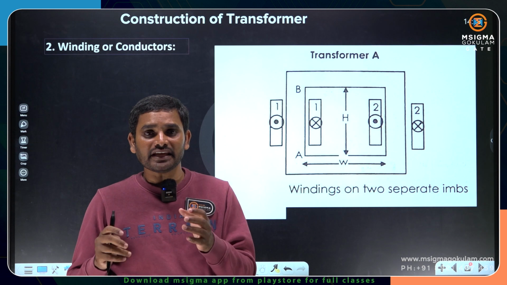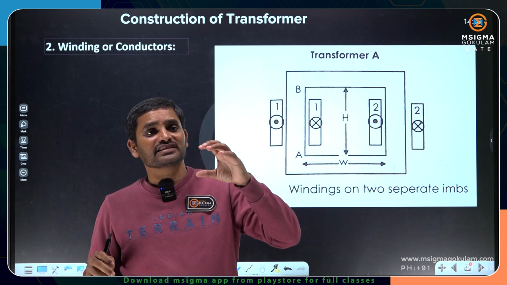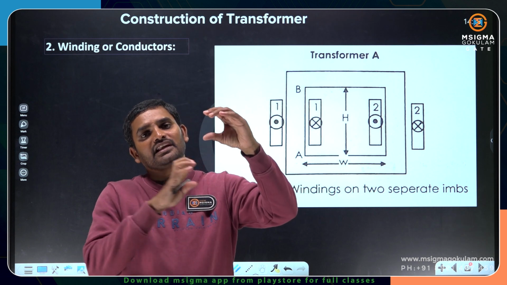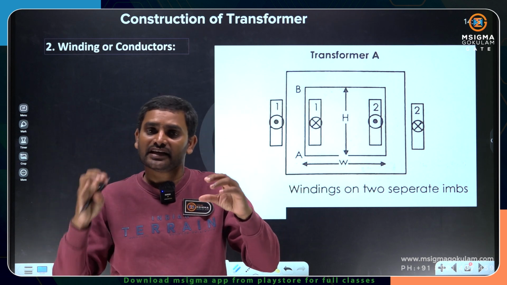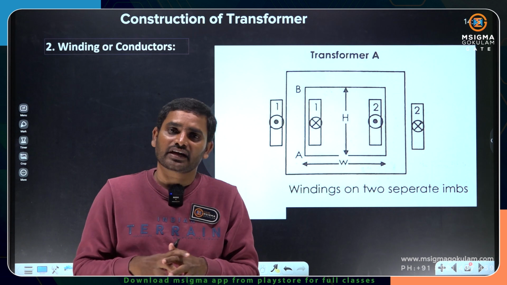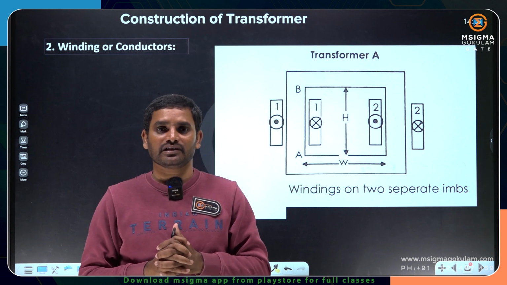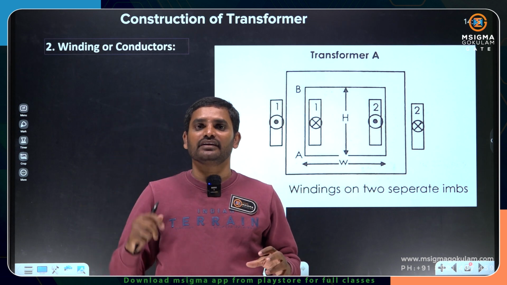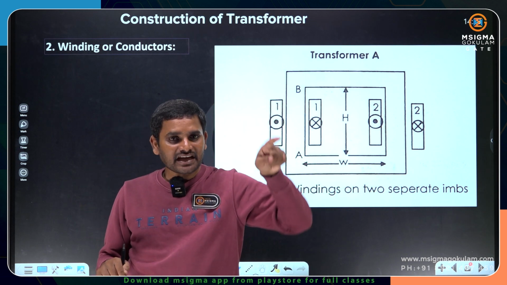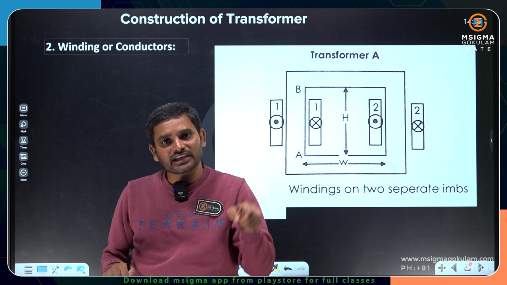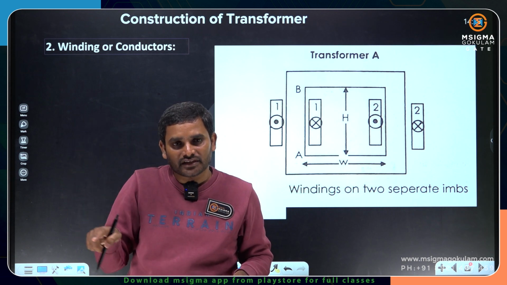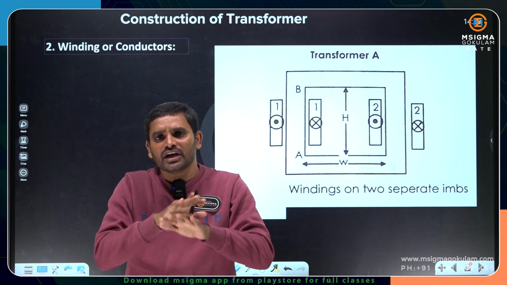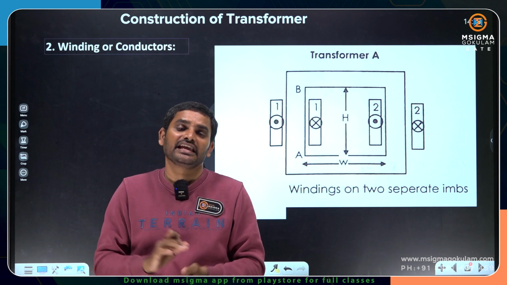You should not place only one winding on the leg. You should place high voltage winding, low voltage winding, high voltage winding and low voltage winding. Even in the core type magnetic path, you have to place half HV, half LV, half HV, half LV. Therefore, any flux established through the air gap will link with the low voltage or high voltage winding, so there is no chance of leakage flux lines.